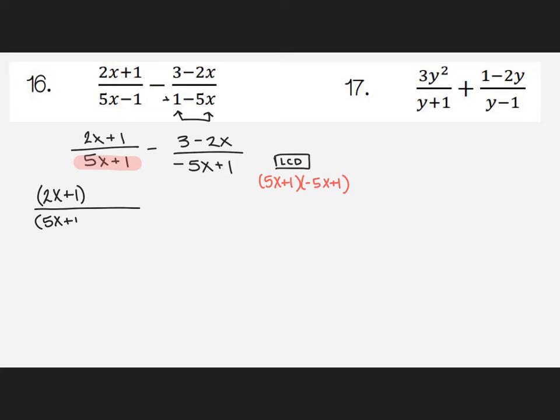Looking at this first one, I already have the 5x plus 1, which matches the LCD, but I need to add the negative 5x plus 1. Whatever I add to the denominator, I also have to add to the numerator. Looking at the second fraction, I already have the negative 5x plus 1, but I don't have the 5x plus 1. Again, whatever you add to the denominator, you have to add to the numerator.